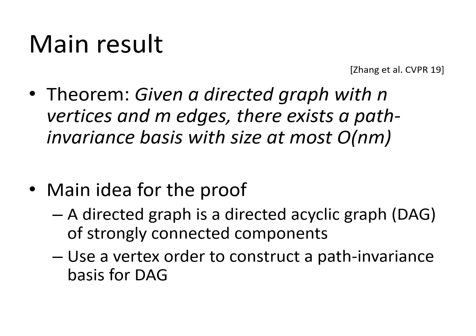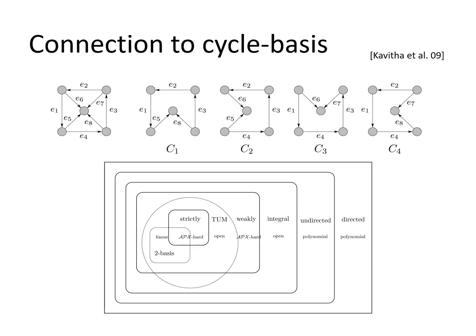To understand the path-invariant basis, let's draw some connection to another algebraic and combinatorial quantity called the cycle basis on graphs. Essentially, a cycle basis is a collection of cycles. If we encode each cycle using the edge indicators, then all the other cycles are linear combinations of the cycles in this cycle basis.